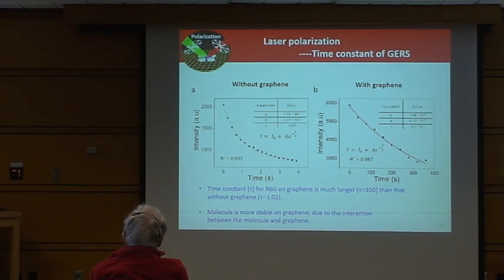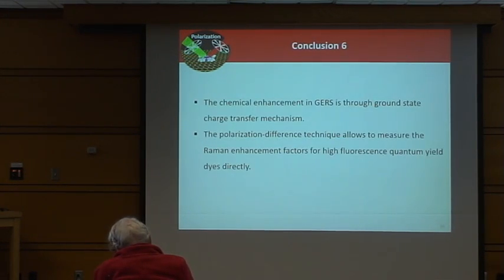Okay, here is a slide showing that on graphene, the molecules are more stable than on the area without graphene, because you see the decay of the intensity is lower than the system without graphene. So it's actually much more stable on graphene. And you can use stronger laser power to detect it, and not worry about damage to the molecules.